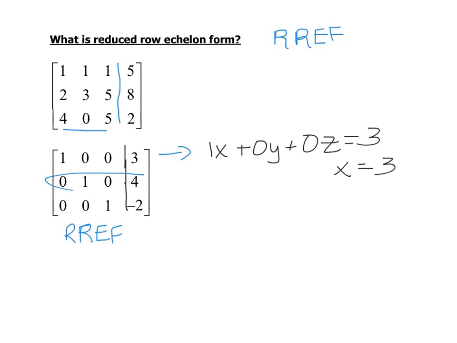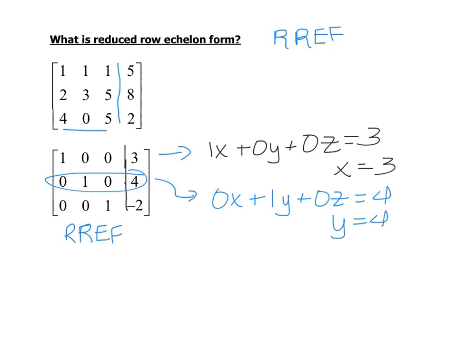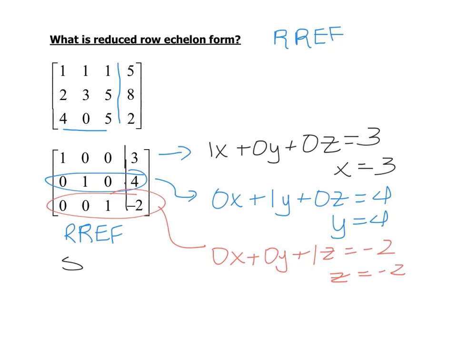My second row tells me 0x plus 1y plus 0z equals 4, so y equals 4. And then the last row tells me 0x plus 0y plus 1z equals -2. So I get z equals -2. What I know is the solution to my system of equations is the ordered triple 3, 4, -2.